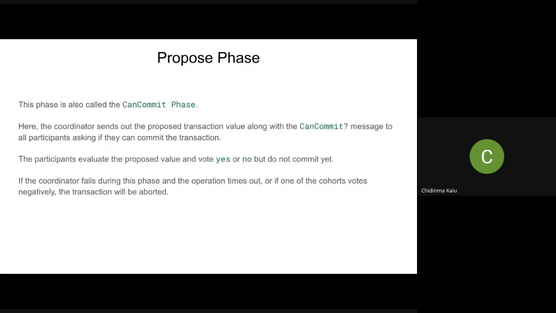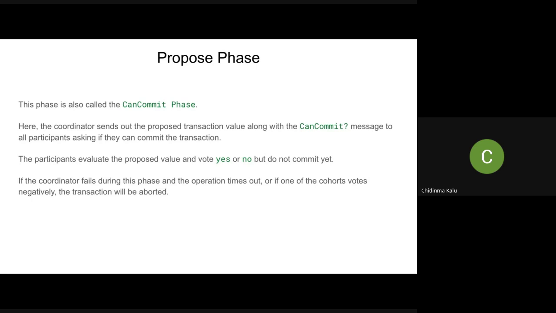The propose phase is also known as the can commit phase. I think much of the literature uses can commit phase instead of propose phase. The coordinator sends out the proposed transaction value along with the can commit message to all the participants, asking if they can commit the transaction.